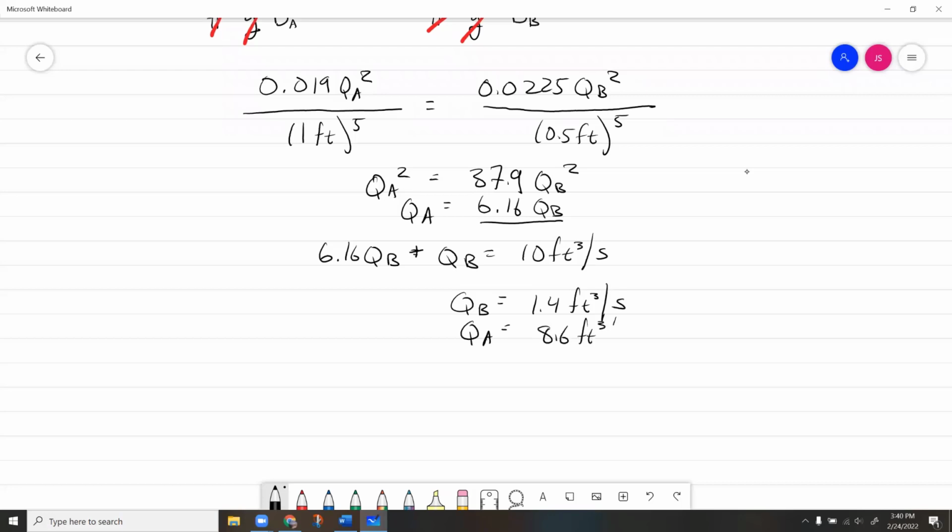Quite a difference there, right? A non-linear difference, because we've got that non-linear Darcy-Weisbach equation where velocity is squared. Then we can solve for velocity, and we get velocity B is equal to 7 feet per second, and velocity A is equal to 11 feet per second.